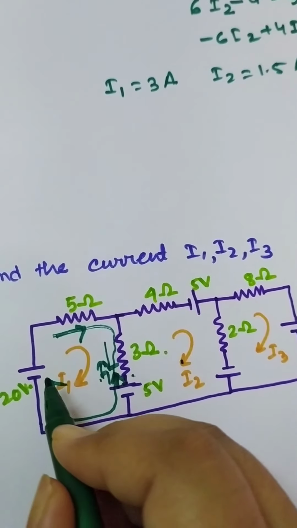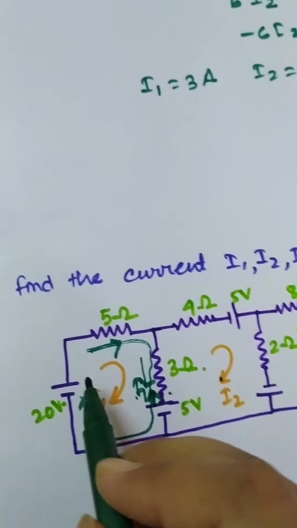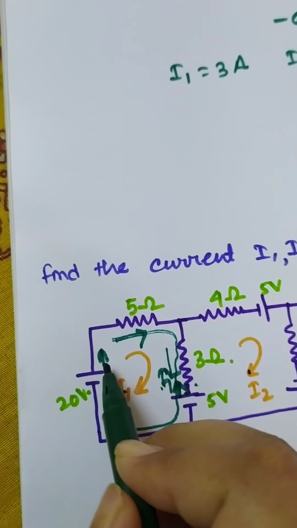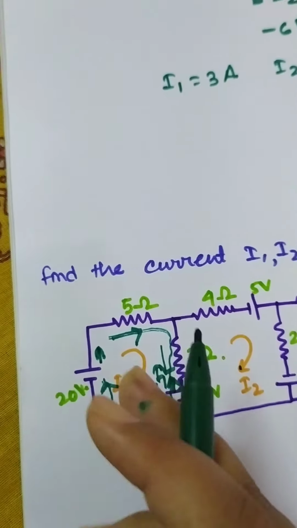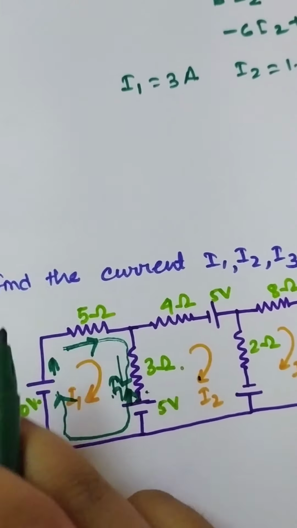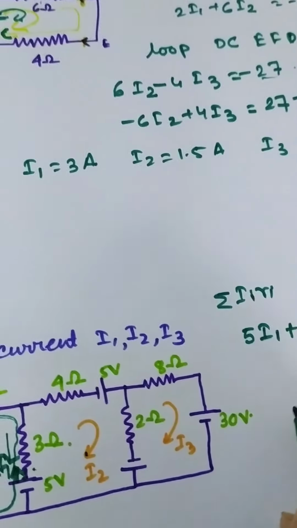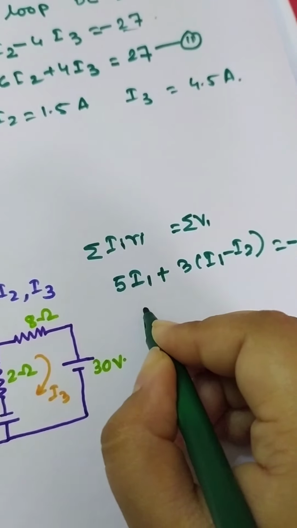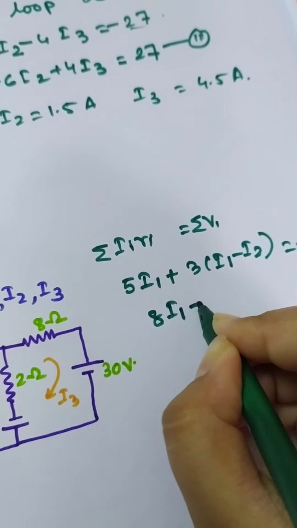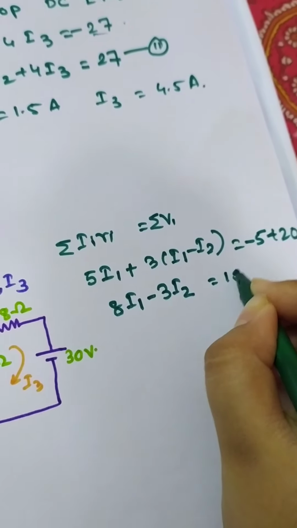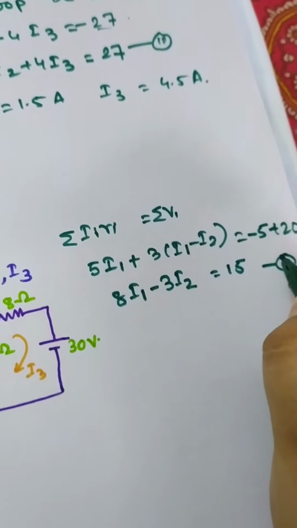Then the current is in this way, that means from the positive electrode it is going upward, so it will be right. So this will be positive, so plus 20. Okay, and we can write 8 I1 minus 3 I2 equal to 15. This is our equation number 1.